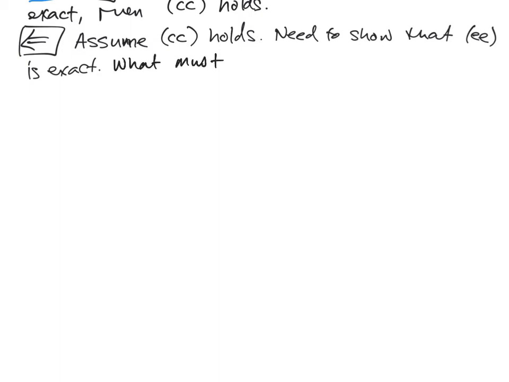I don't remember if I've used this term before, but the big F we call a potential function. What must the potential function big F look like?